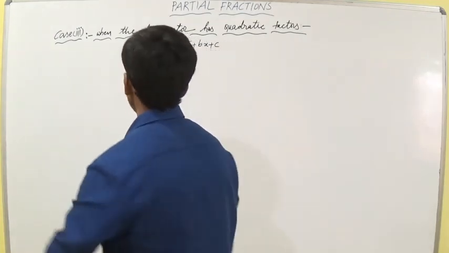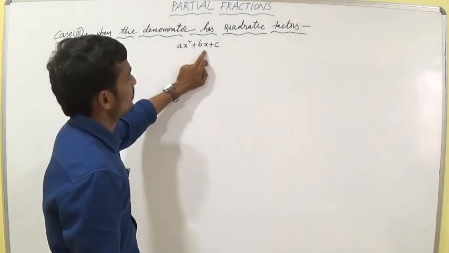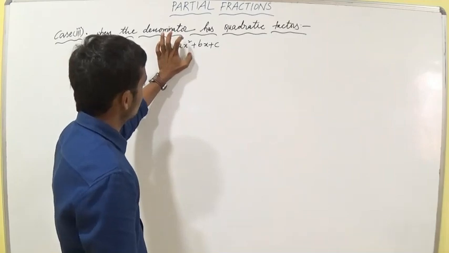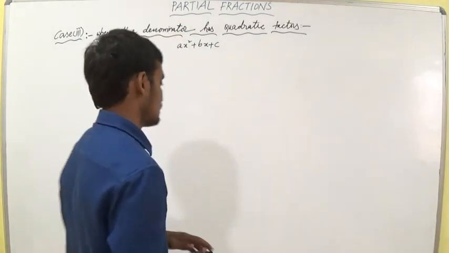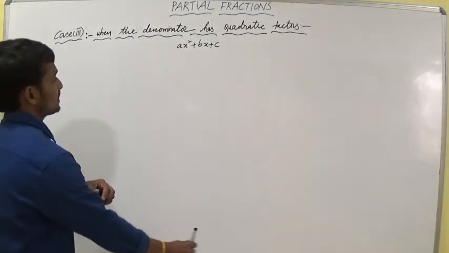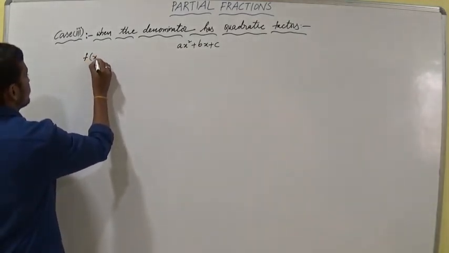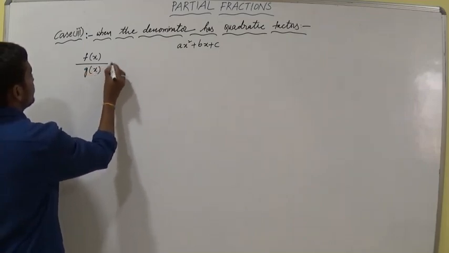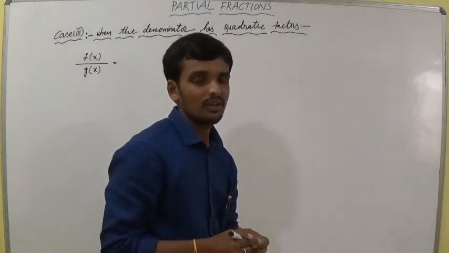Okay. So, the quadratic equation is in the form of ax square plus bx plus c. For example, we are writing f of x by g of x is equal to... Be careful with what I am explaining. This is somewhat tough.